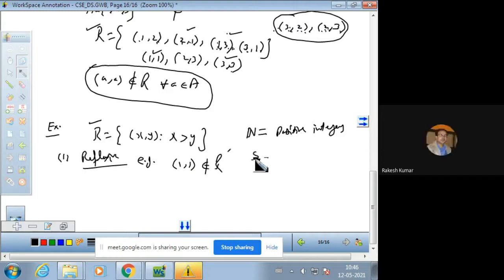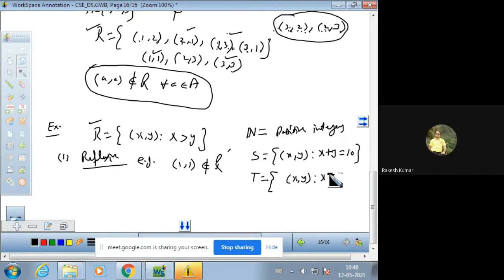R के साथ एक और relation लीजिए, S. S is the set of ordered pairs (x,y) such that x plus y is equal to 10. And we have another relation T, set of ordered pairs, so that x plus 4y is equal to 10. Now, x, y belonging to N, the set of positive integers.